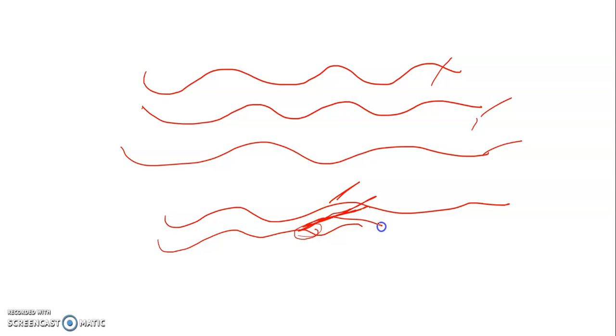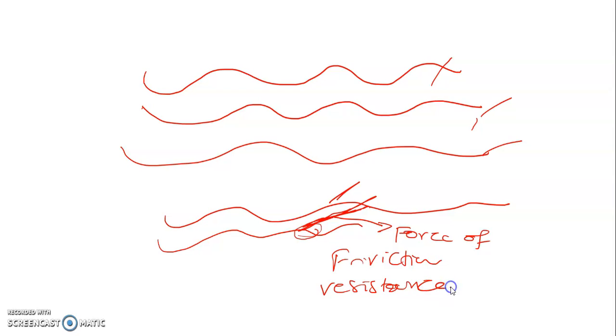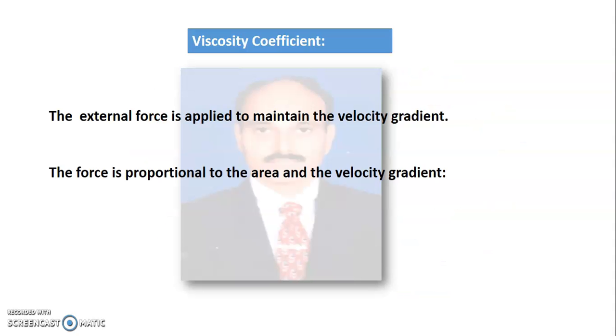Therefore, there is a force of friction. Due to this force of friction appearing between the layers of the liquid, the liquid offers a resistance to flow. This is how the force of friction appears and how the resistance takes place.